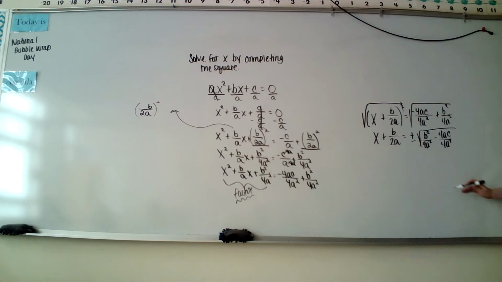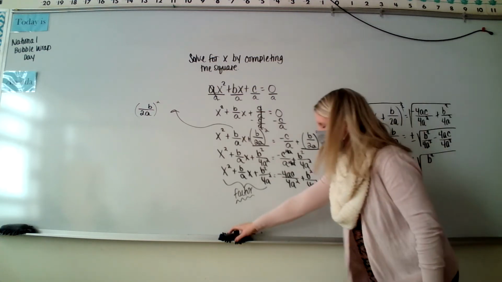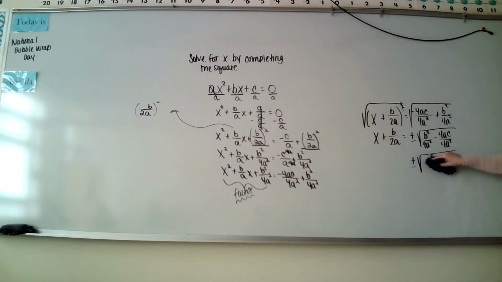Let's actually take the square root of this. Oh, I just wrote it as one fraction, same difference. I do have to write it as one fraction or else it's going to be ugly, since it has a common denominator.